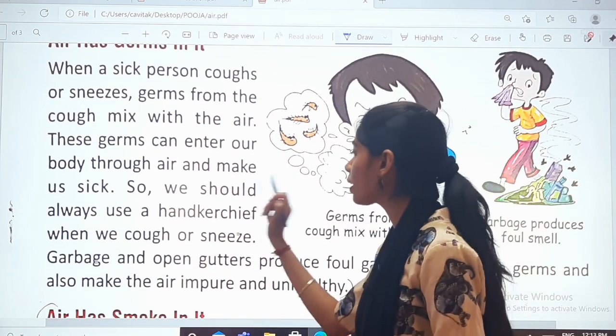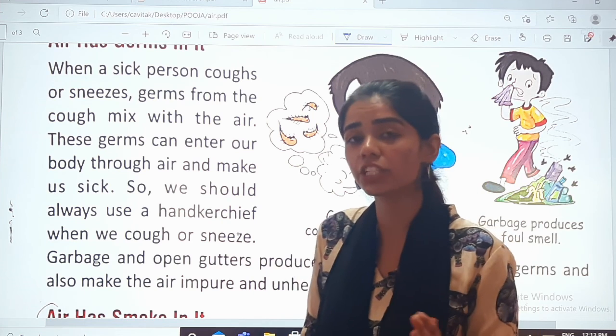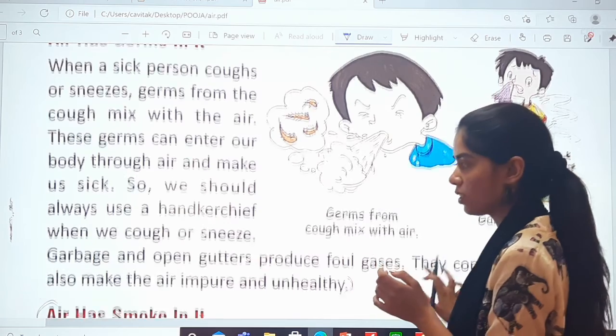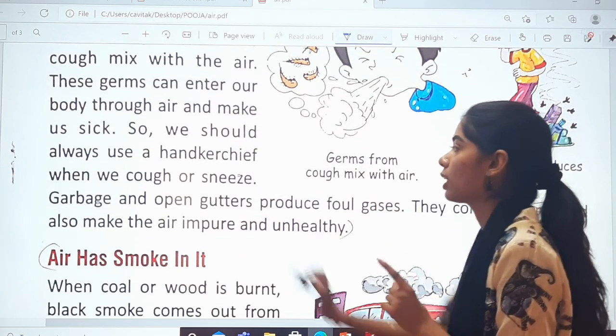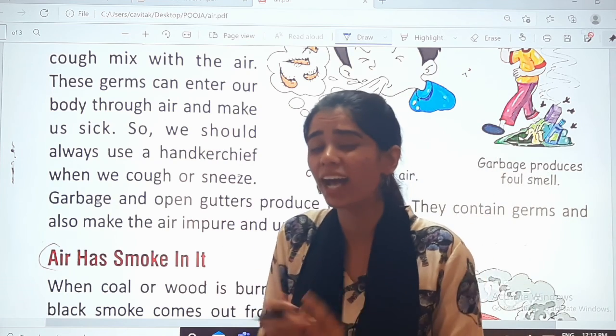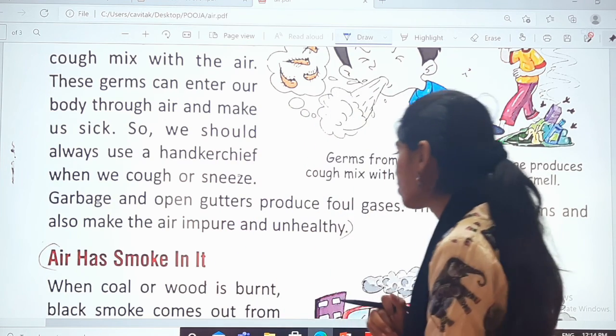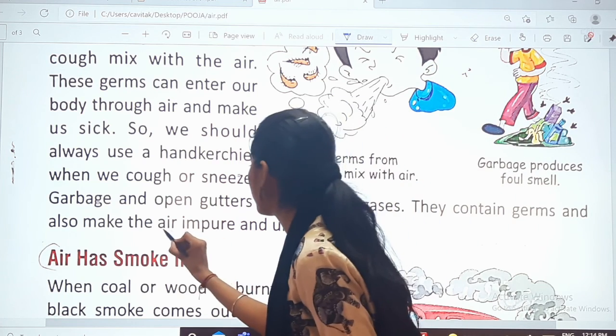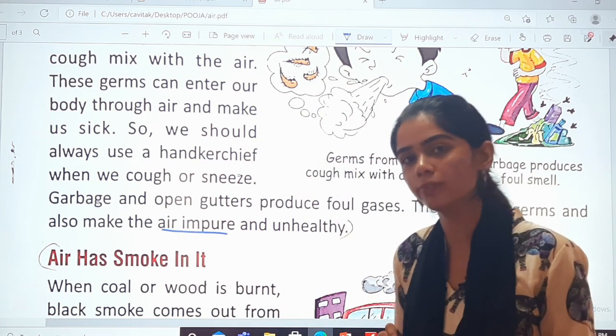We should always use a handkerchief when we cough or sneeze. Moreover, garbage and open gutters also produce very foul gases. That is also very bad for our health, and that also makes the air impure.